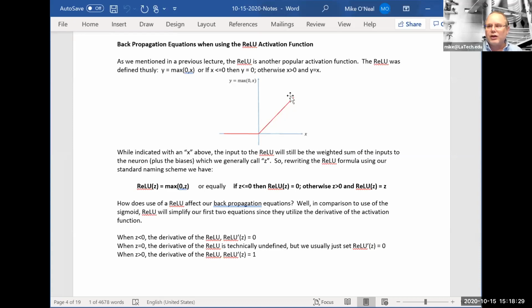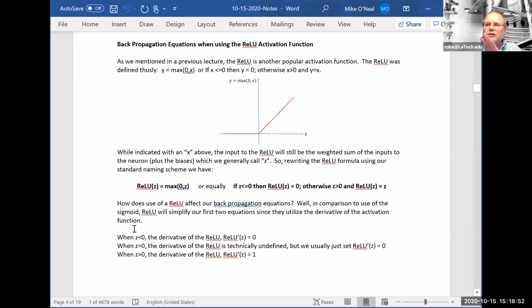either going to be 0 if the input was less than or equal to 0, or the derivative will be 1 if the weighted sum of the inputs plus the biases is greater than 0. So I've got that written here. When Z is less than 0, and what is Z again? It's the weighted input.